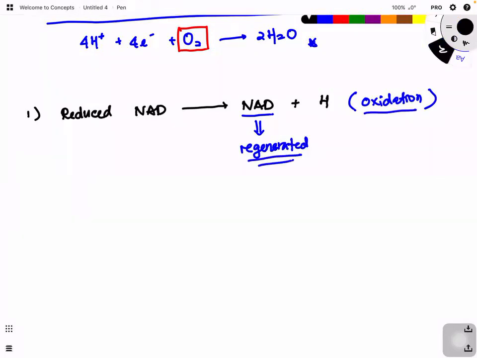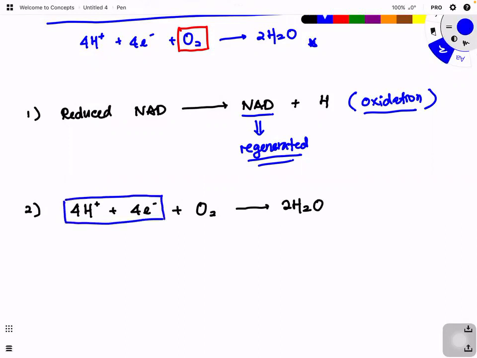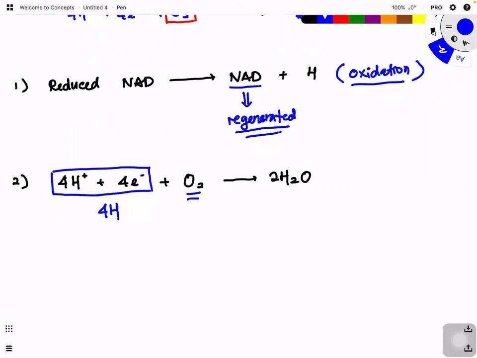Second process: 4 hydrogen ions plus 4 electrons and oxygen form water molecules. These combine to form hydrogen atoms. Can you see that O2 accepts hydrogen atoms?